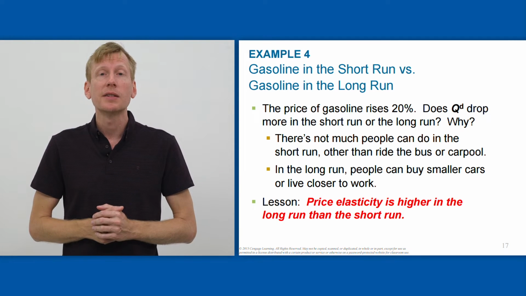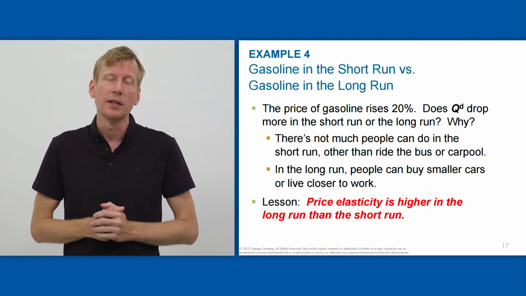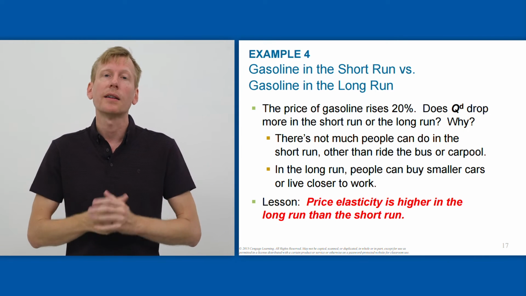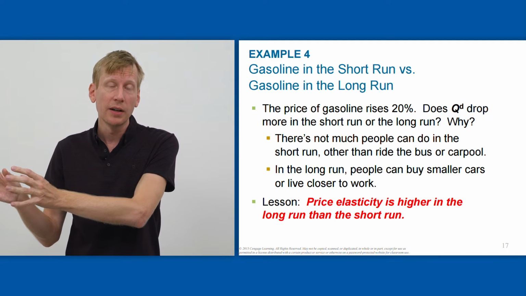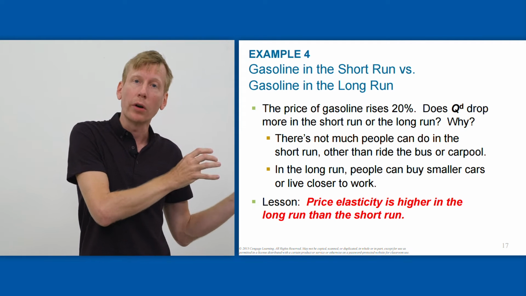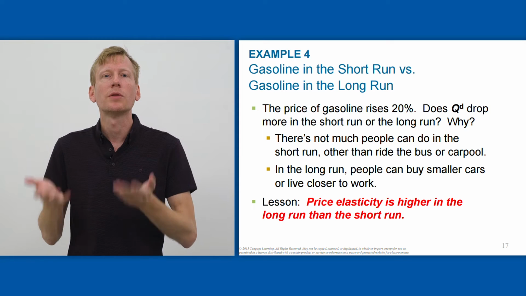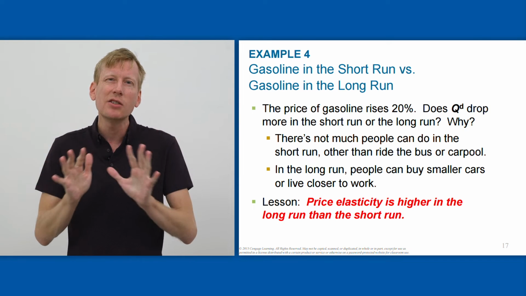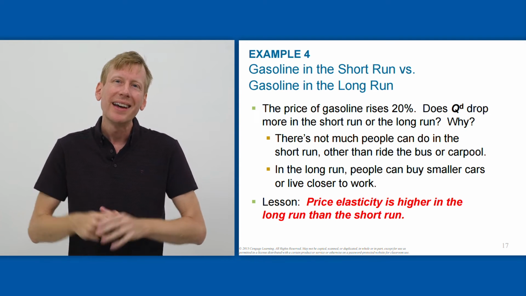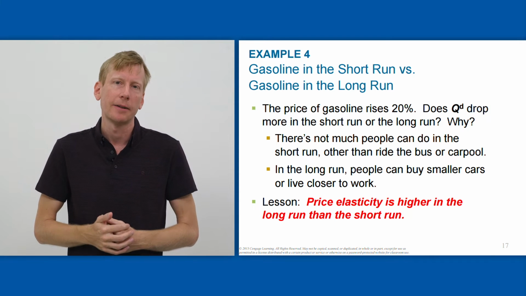So if somebody drives their car to work and uses gasoline in order to do this, they drive the car that they already have from the apartment where they already live to the job where they already work. And somehow, if the price of gasoline goes up, we expect them to make a change in those decisions, that lifestyle pattern, in order to change the amount of gasoline that they buy.